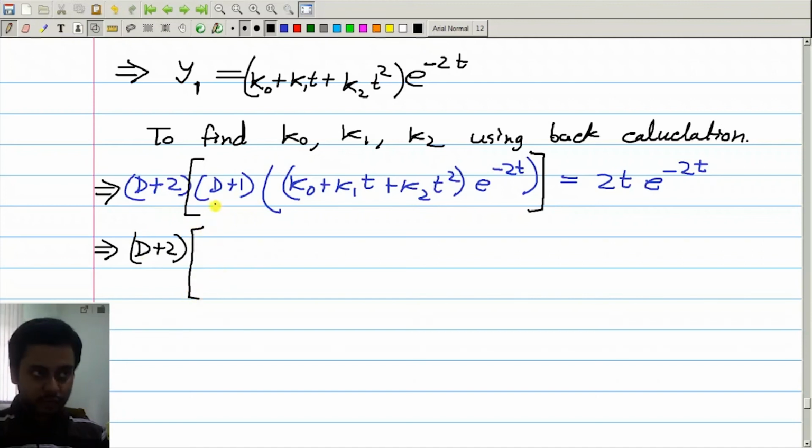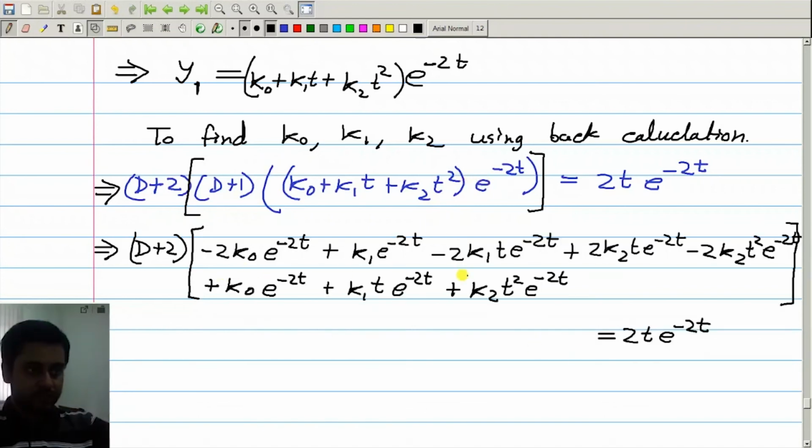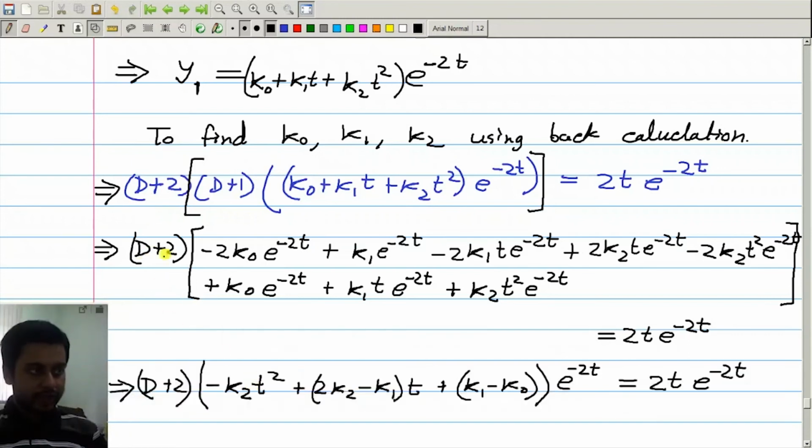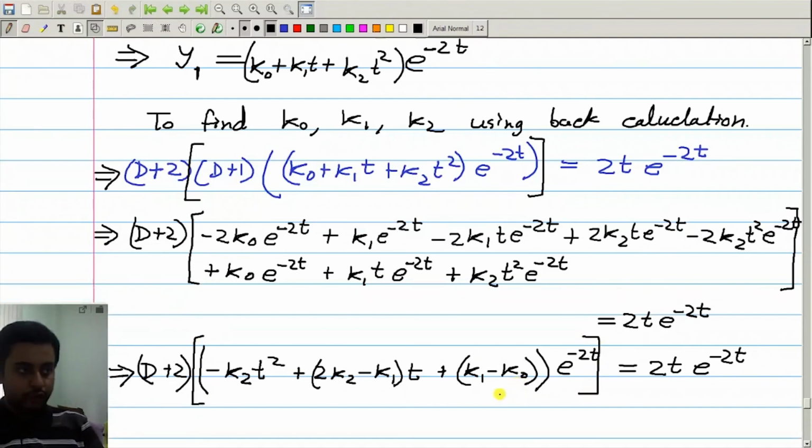If you carry out this operation, you will get this, and this is same as, now applying this operator on this signal, you shall get the following.